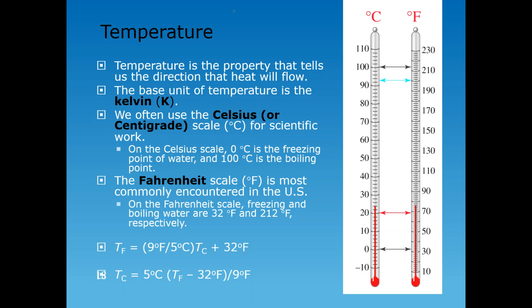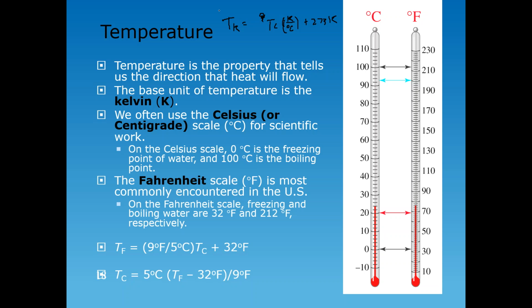The temperature in Kelvin is equal to, I'm sorry, not 9, let me scratch this out, the temperature in Celsius times, I'm just going to put a combination of units here, which would be Kelvin over degrees Celsius, plus 273 Kelvin.